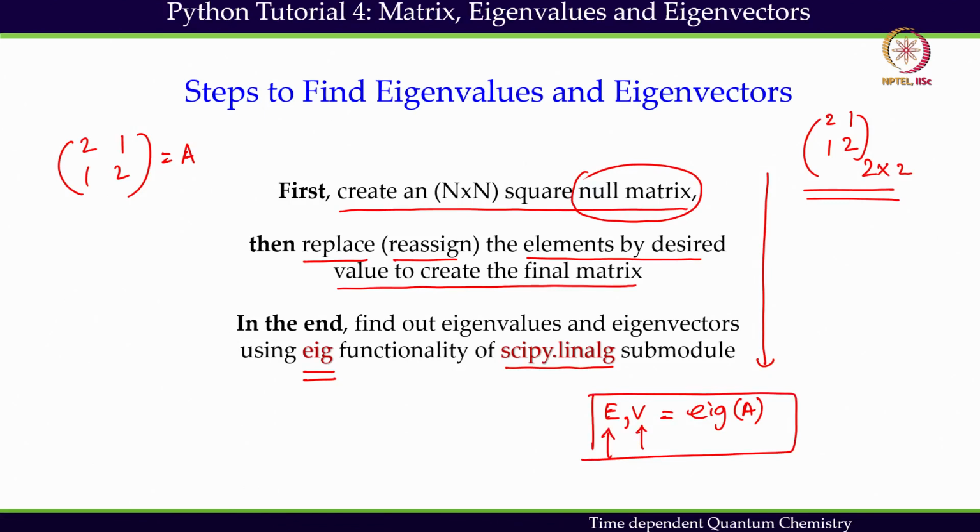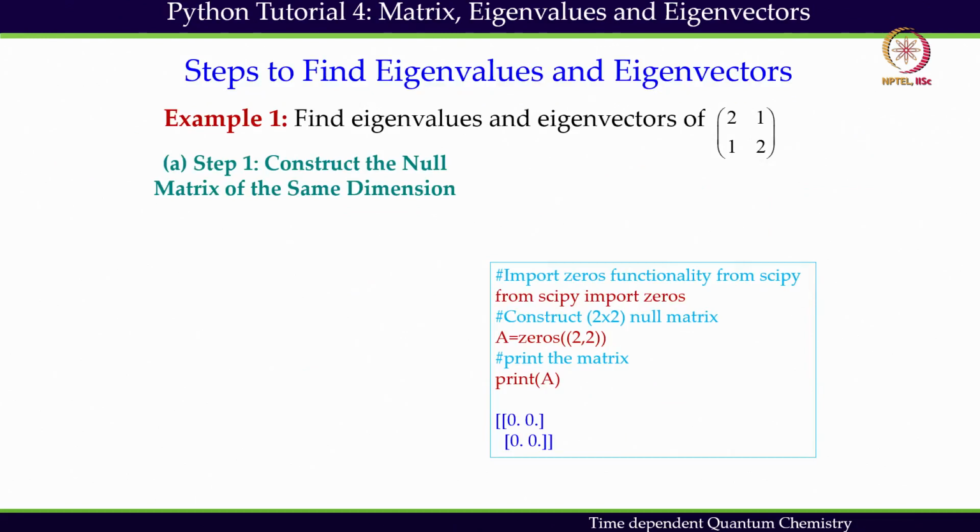In the background, the linear algebra package or submodule of SciPy will be performing all the numerical tasks for me, and then it will finally give me these values and the vectors using this functionality. It is very simple to do. So, we will take a look at how to represent it.